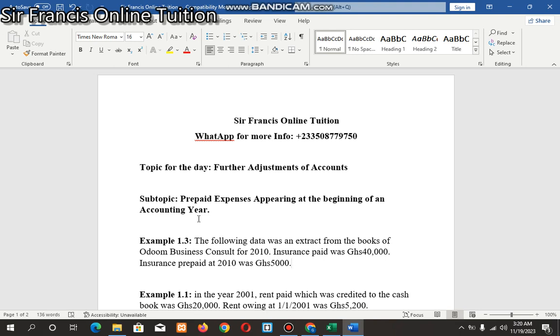It is part of the current year expenses, so we have to debit our relevant expenses account, or add it to the amount that we've paid for that relevant expense. So this is how we treat expenses paid in advance appearing at the beginning of an accounting year.